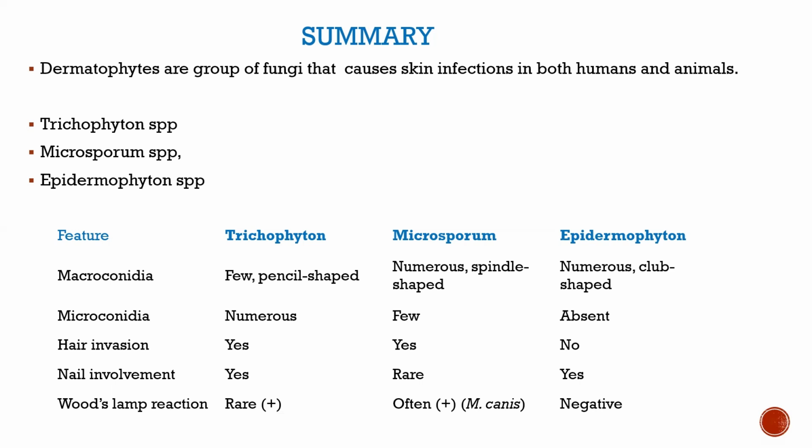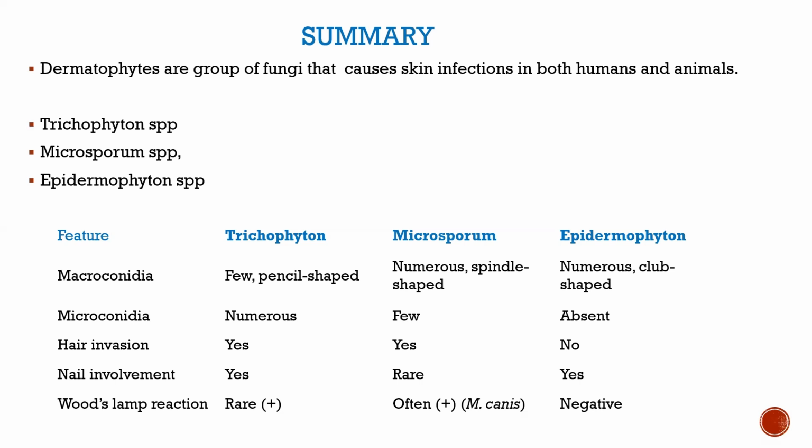When it comes to hair invasion, Trichophyton affects the hair, Microsporum affects the hair, while Epidermophyton doesn't affect the hair. In nail involvement, Trichophyton affects the nails, Microsporum rarely or doesn't affect the nails, while Epidermophyton affects the nails. And for the skin, all of them affect the skin.